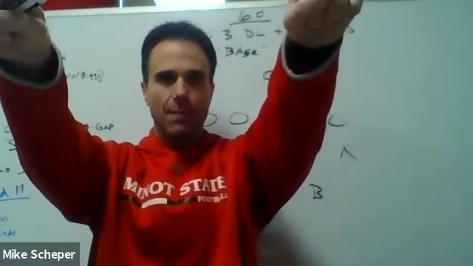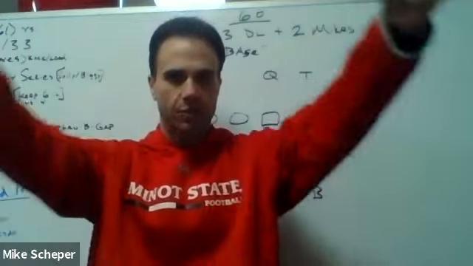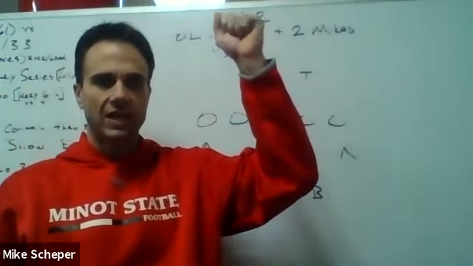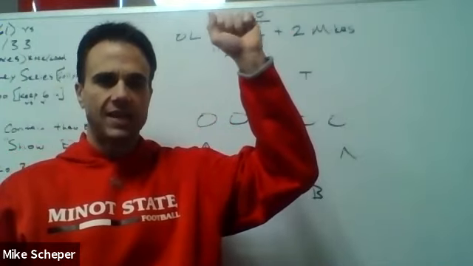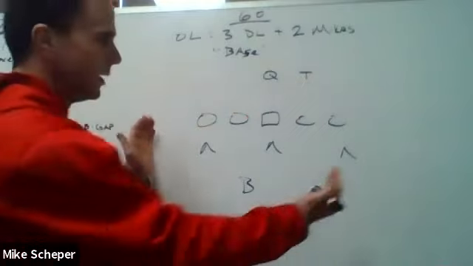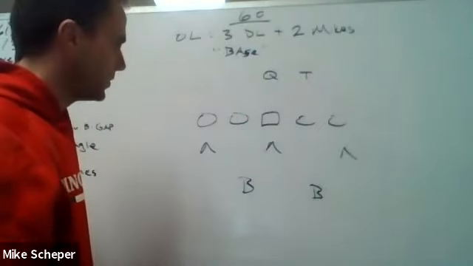So the 2 middle linebackers are part of the box, with the assumption being we're taking the 3 down linemen, and now they'll typically raise a fist. You'll see that a lot if you watch your CFL games. They'll raise up the fist. That's the visual communication to tell their running back, hey, we're handling this interior most 5-man box.